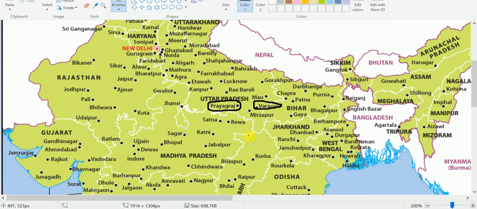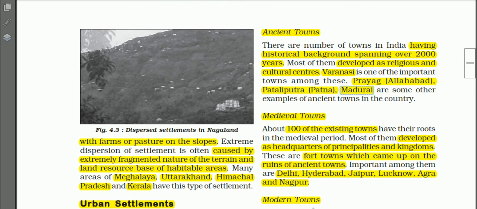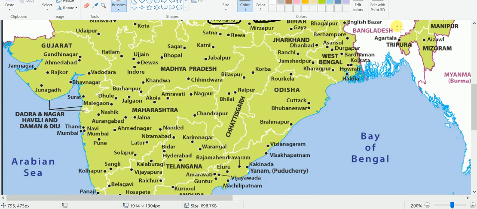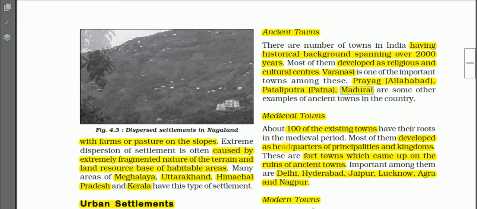Then here we have Patliputra, that is Patna. And next we have one more town, Madurai. Actually, the big dot is the location of the town, and nearby it we have the name of the town, Madurai. So these are the important ancient towns in India.